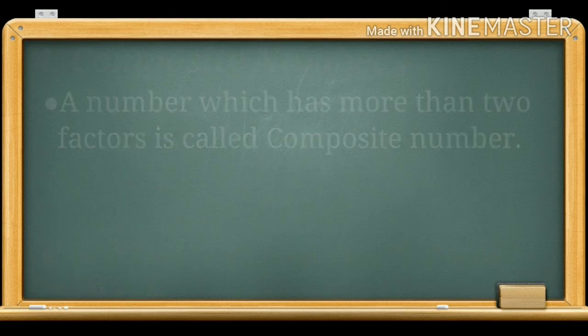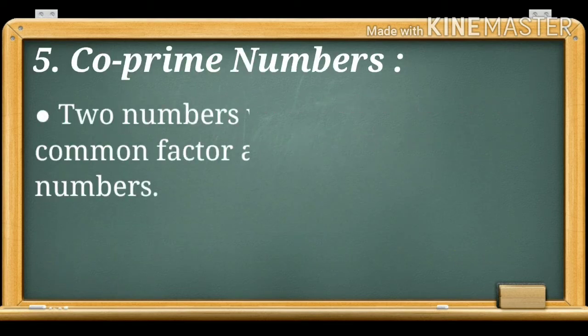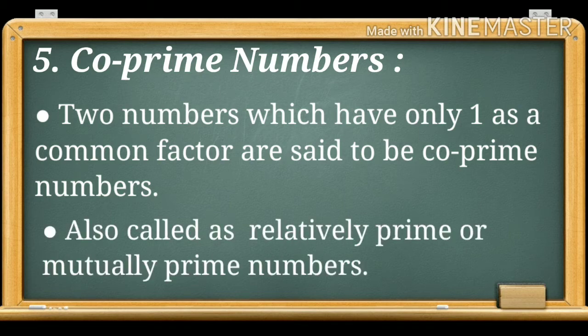Next is co-prime numbers. Two numbers which have only 1 as a common factor are said to be co-prime numbers. A co-prime number is also called a relatively prime or mutually prime number.